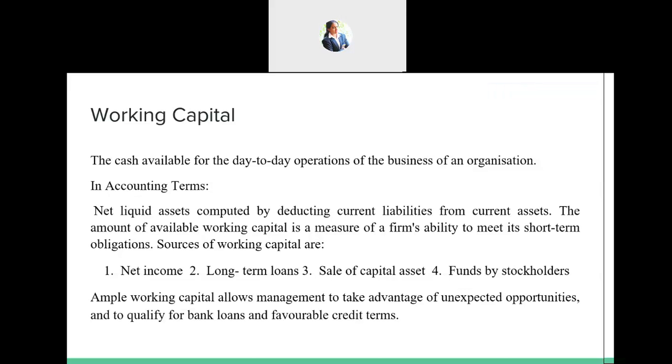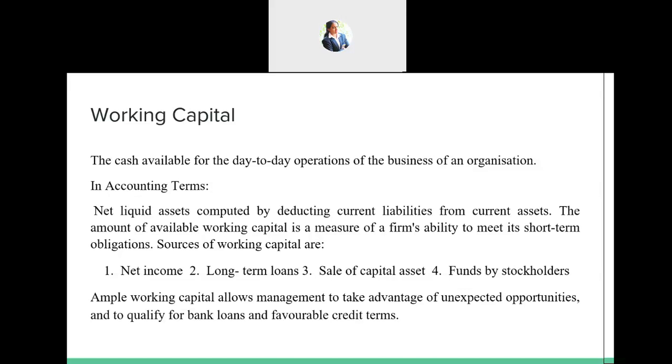Now, speaking about working capital in accounting terms, in very simple words, all those liquid assets that remain in the hands of the business organization when it deducts current liabilities from current assets is called working capital.